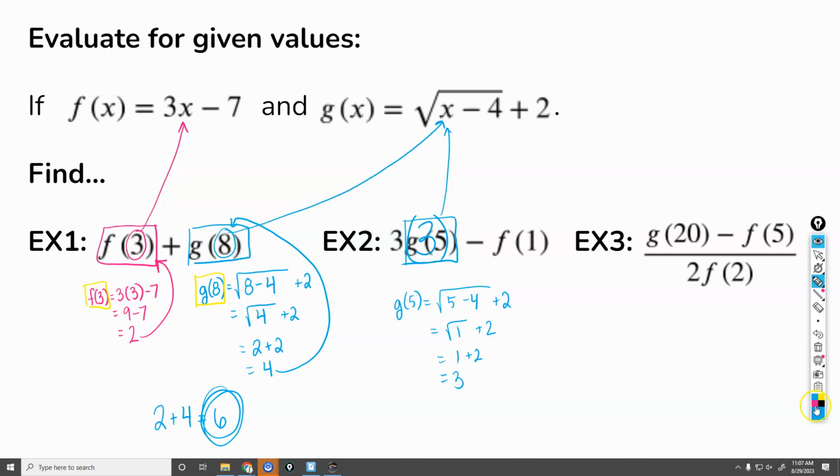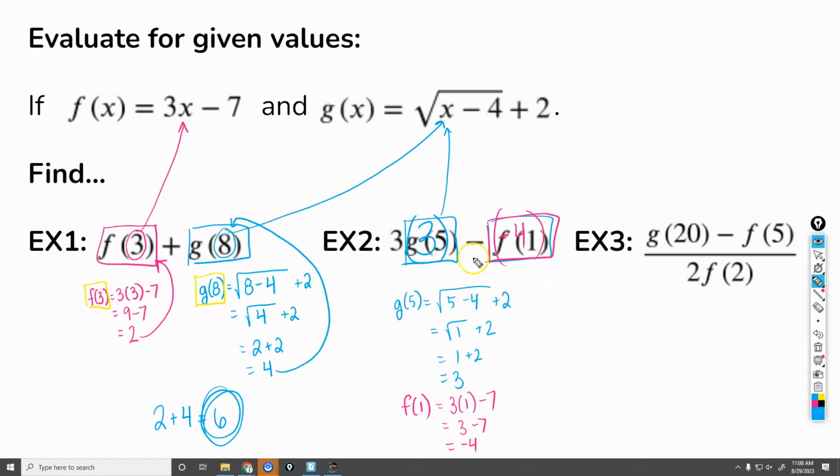And then we also need to find this number, which is f of 1. F of 1 would mean we're plugging 1 into f, so that'd be 3 times 1 minus 7. 3 times 1 is 3 minus 7 gives us negative 4. So this number right here is a negative 4. I know it's a mess where I'm writing over top of stuff.